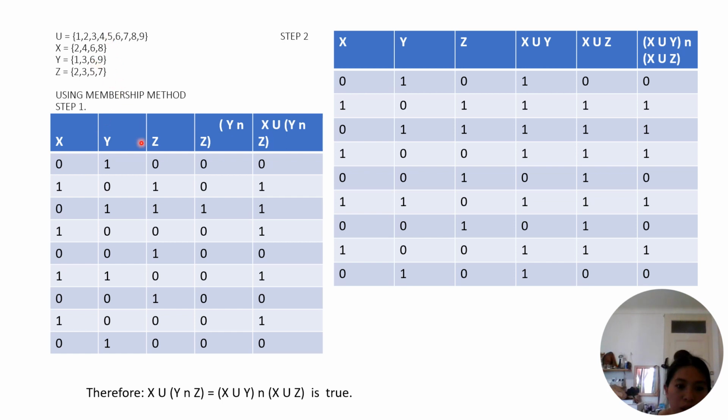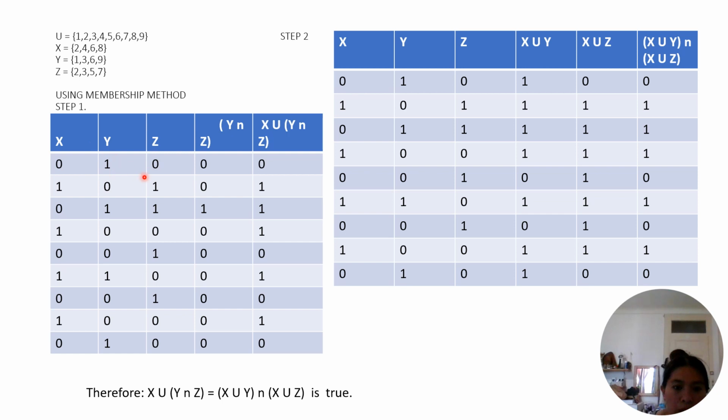And then 3, 0, because it's not available in the x variable. And then 4, it has, so it's 1. 5, it doesn't have, so it's 0. And then 6, it has, so it's 1. 7, no. 8, it has, so it's 1. And then 9, it's 0, because it doesn't have 9 here.